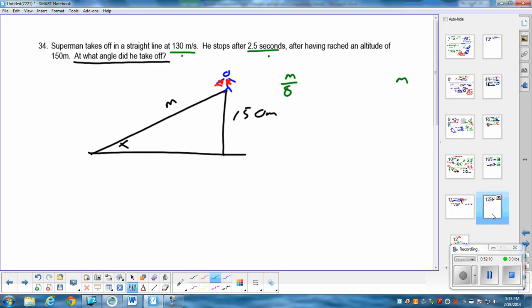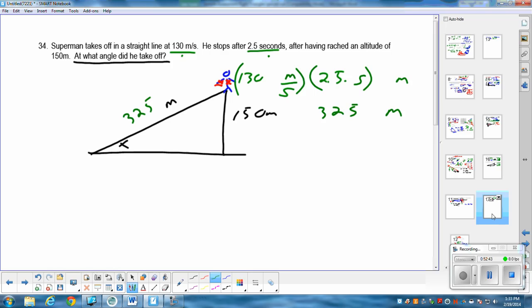We're going to have meters per second canceled out by multiplying by seconds. Which is 130 times 2.5, which means he has flown a total of 325 meters in that time.